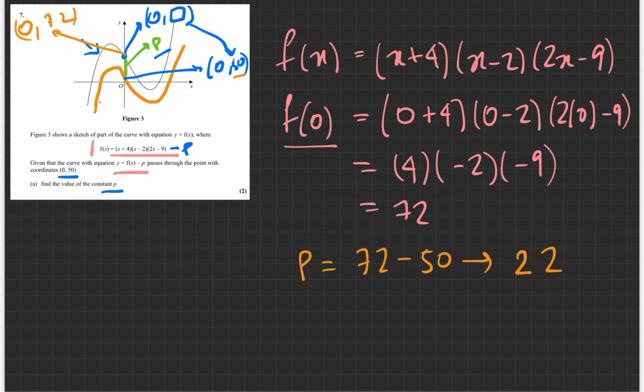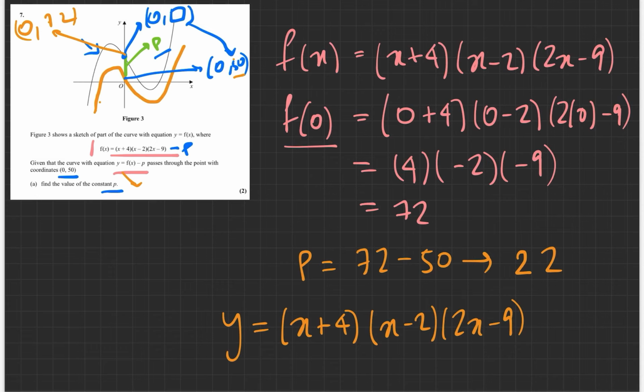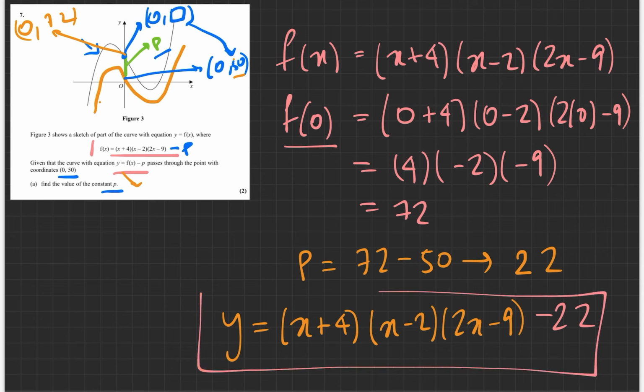So if I want to write my new equation, y = f(x) - 22, I'm going to rewrite our original equation, (x + 4)(x - 2)(2x - 9), and follow that with minus 22. And this is the new equation that we have with the value of p.